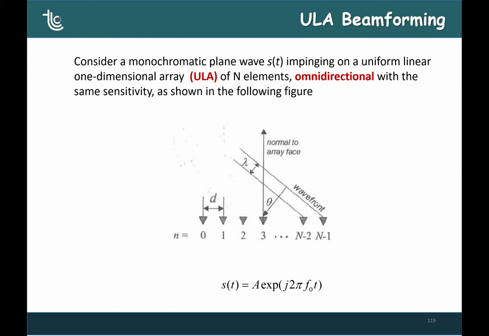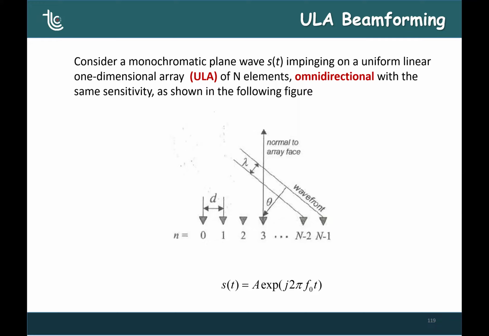In a uniform linear array we have n elements. We suppose that each of the n elements is omnidirectional and has the same sensitivity, and we suppose that we know perfectly the characteristic of each element. So the antenna is calibrated.